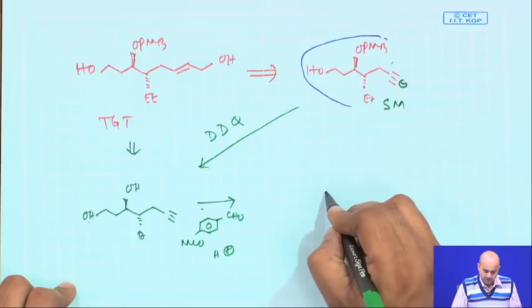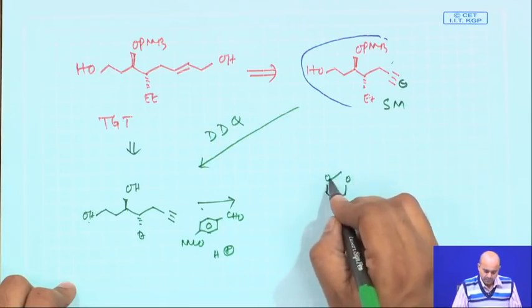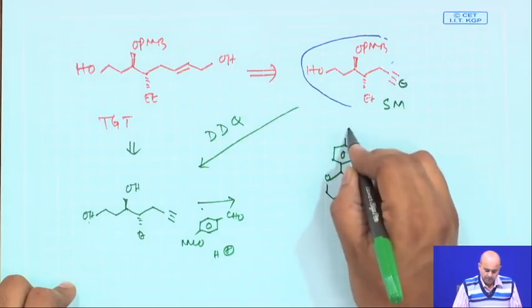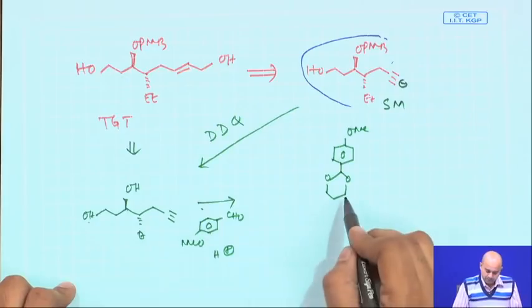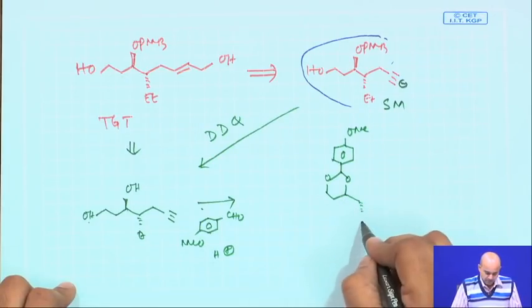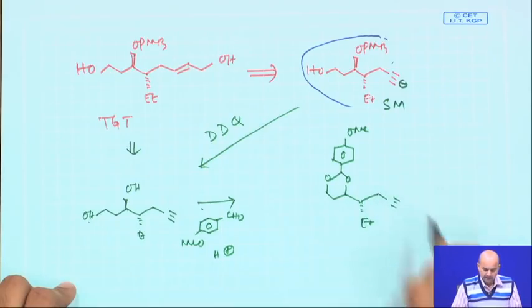So, now you see this is oxygen, this is oxygen. So, basically you will have this paramethoxy benzylidene acetal. Here you have this ethyl group and then this alkyne.